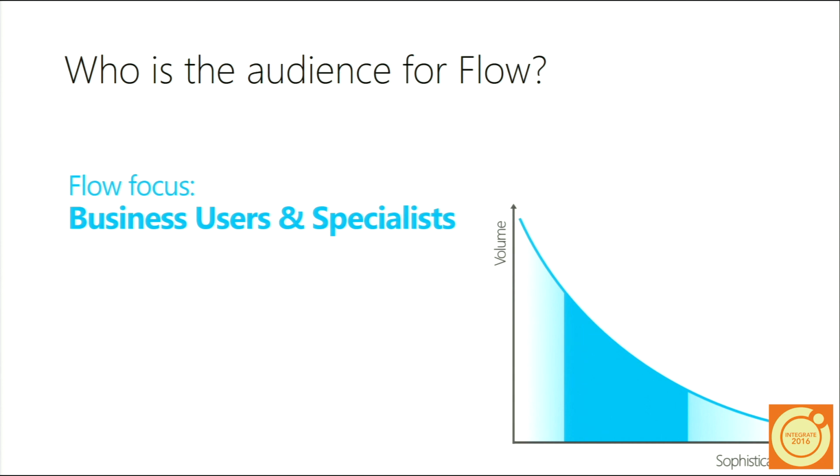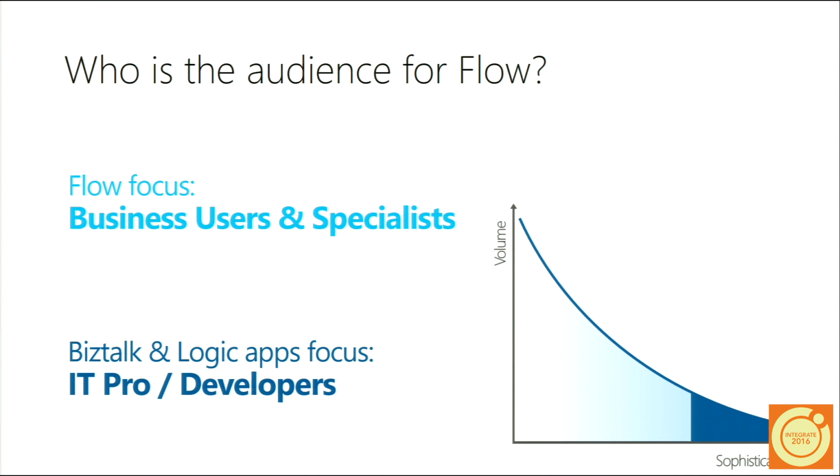For those people, they can use Flow and get a lot of value out of the integration assets that we're all working on together as part of Logic Apps and BizTalk Server. Then for IT pros or developers, they go to the other end. There aren't as many of them. There are a lot more people that use Office than use Visual Studio, but they're way more sophisticated. For mission critical, low latency, super scalable, super reliable workloads, you would use Logic Apps or BizTalk Server. You wouldn't use Flow for that.